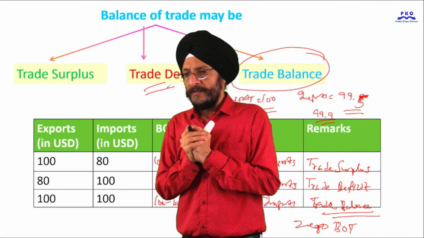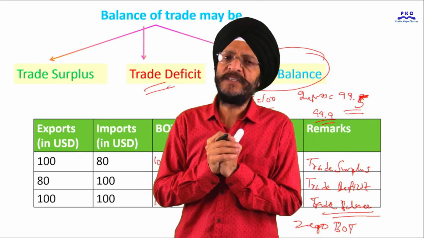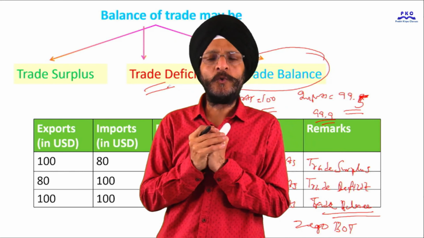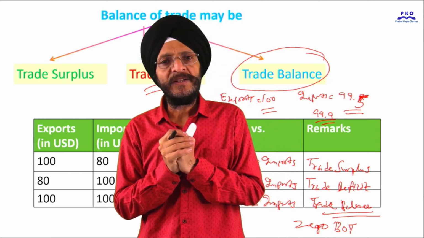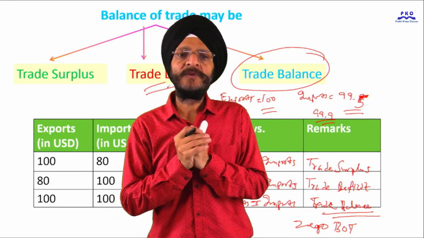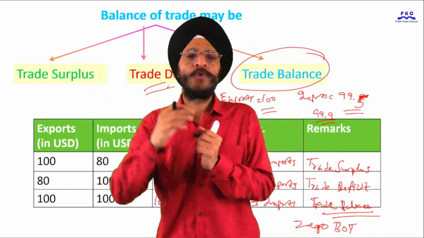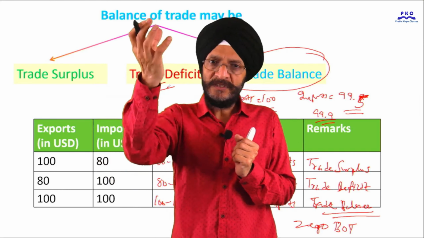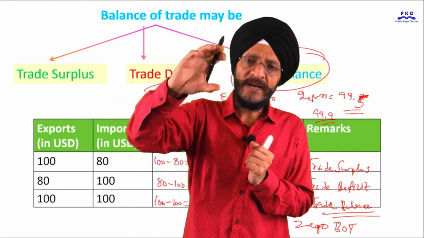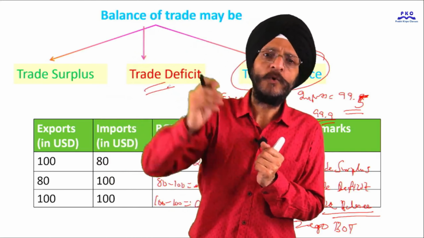So the people of the rest of the world do not import the goods from USA, because the value of the currency is higher and the prices of the goods are higher.